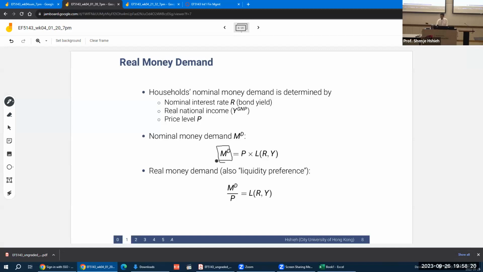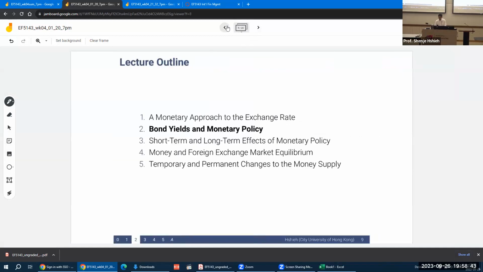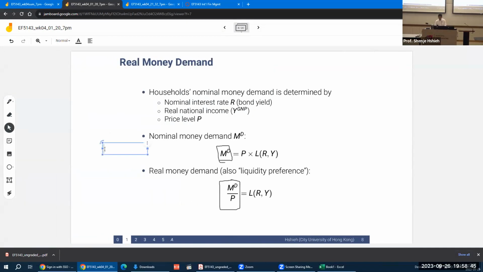If we divide MD by P, you will get this MD over P. So that's set by the overall economy by the price level, CPI, and MD is some quantity set by the central bank. As you will see later, we will use MS over P for money supply.